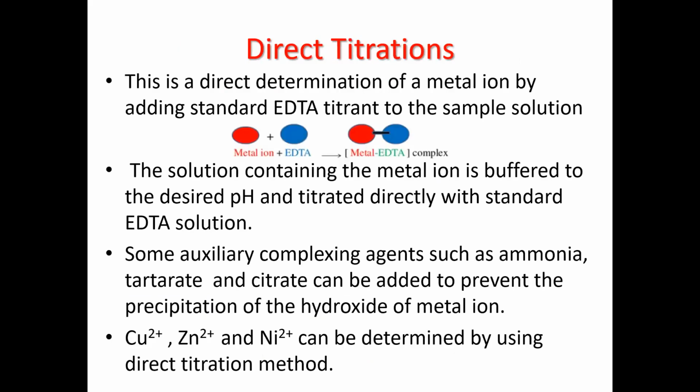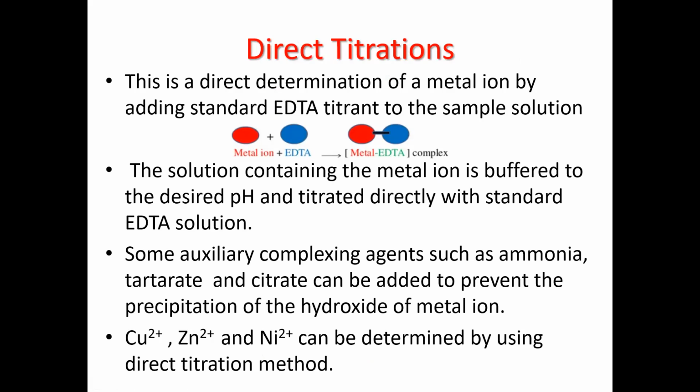The direct titration is just like your acid-base titration, whereby your titrant is run from the burette into your conical flask that contains your analytes, and once there's a color change, that is the end of the reaction. So for metal ion reacting with EDTA, you just form the metal EDTA complex.